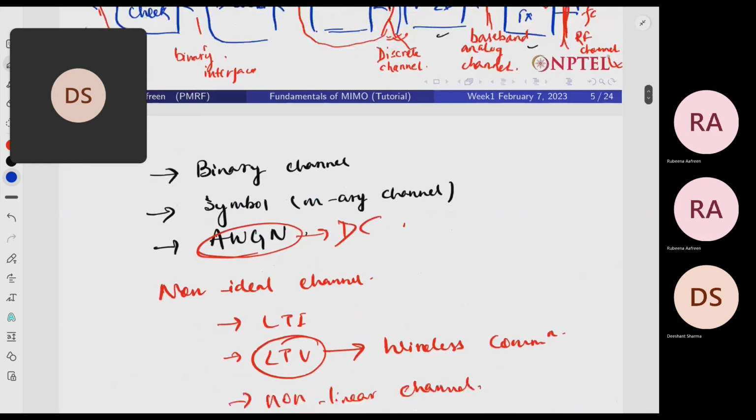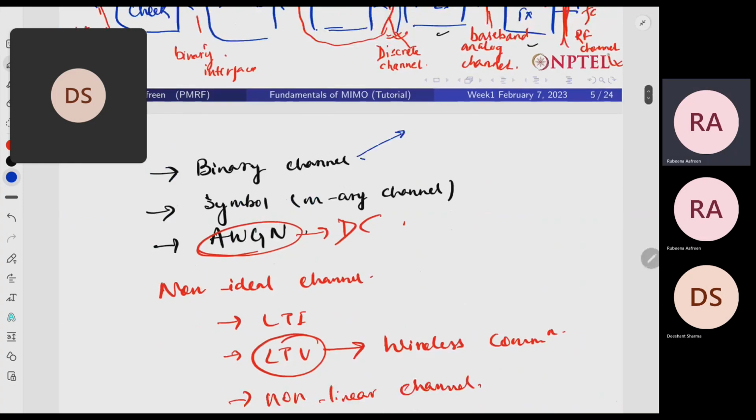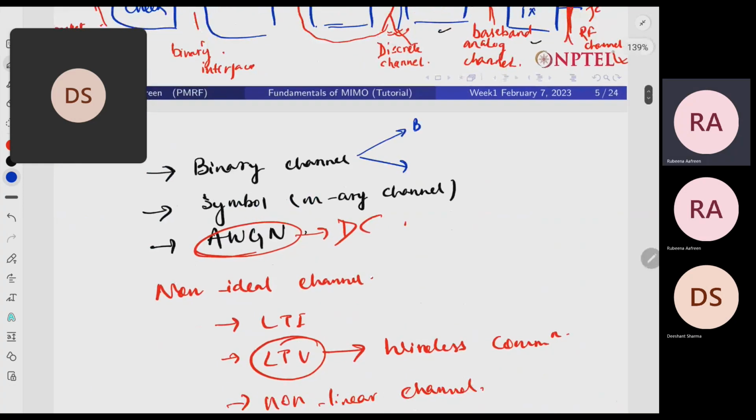So this is a binary channel. Binary channel also has two types. Binary symmetric channel, we all have studied for GATE. Then we have binary erasure channel.